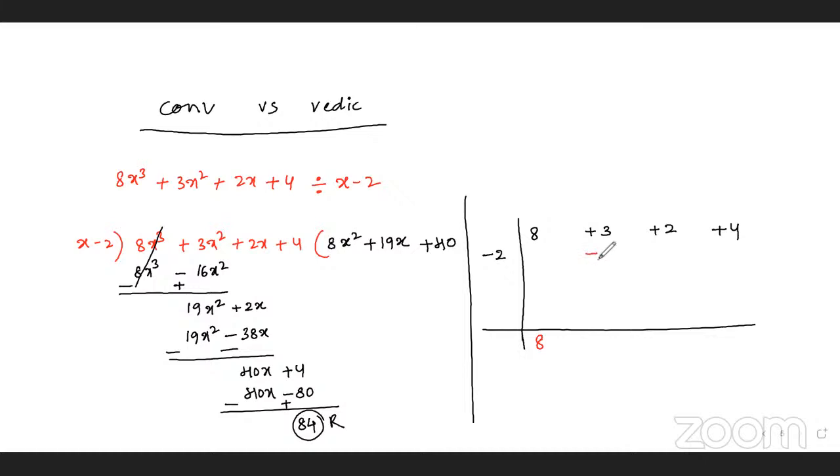After that, I am writing 16 here, the plus 16. Then I am getting 19. 19 plus this value becomes 38. So 40 I am getting, and here it will be 80. So 84 I am getting.